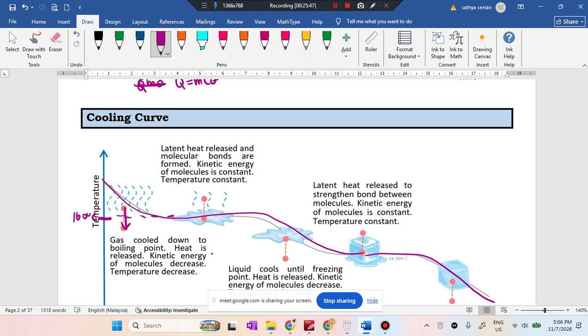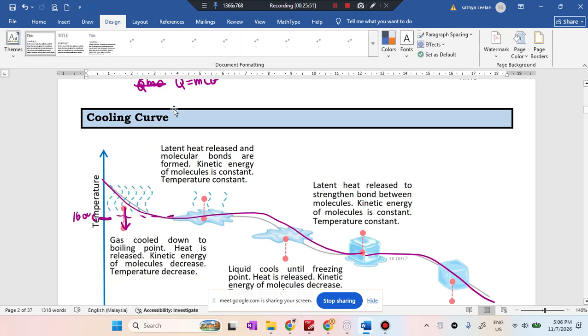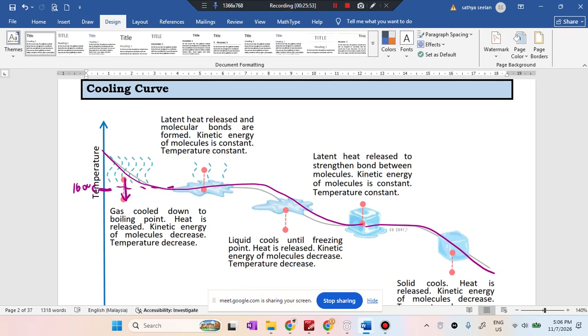Heat is released, so haba dibebaskan. Kalau haba dibebaskan, your particles mula lose the momentum, right? So your kinetic energy of the particles decreases sebab you buat cooling. Maksudnya temperature akan menurun. Temperature will decrease. And here you can use MC theta.